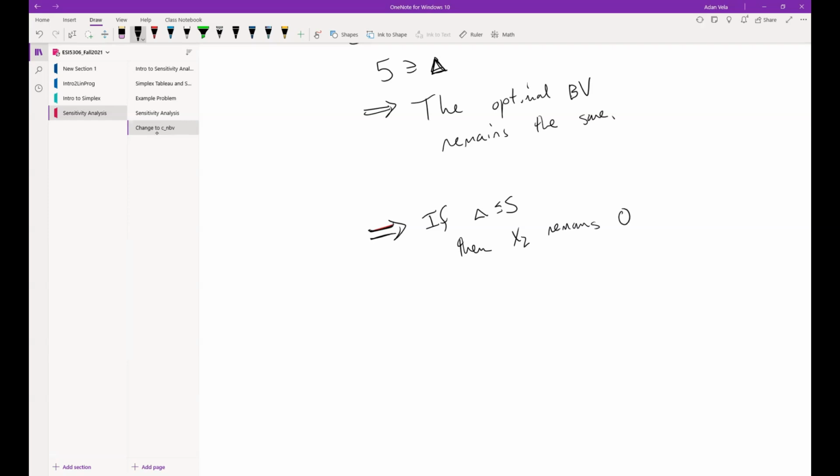Right? So it's still a non-basic variable, okay? The optimal solution, and the corollary to that is the optimal solution of the basic variables remains the same.